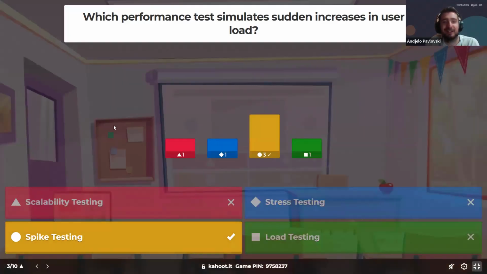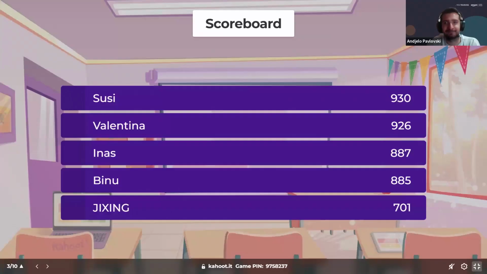I see the majority answered spike testing, and that is correct because the keyword is sudden increase. If it was just an increase in user load, it could be load testing, but it's a sudden increase. So it's just a brief period of increase, like a spike. And then scalability is to see if something can scale up or down. So if more users come, the page is optimized to handle more. If fewer, it scales down. And then stress testing was only going above and beyond what can be accepted. So again, good job to everyone.